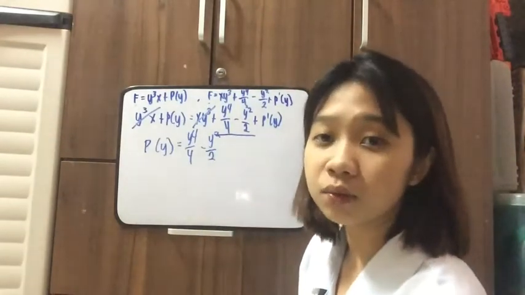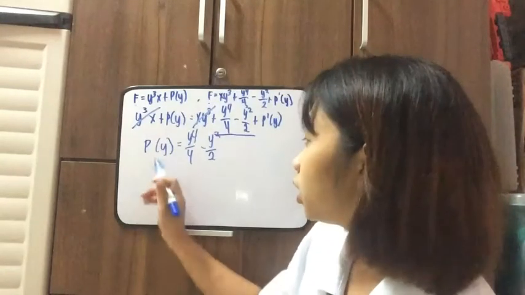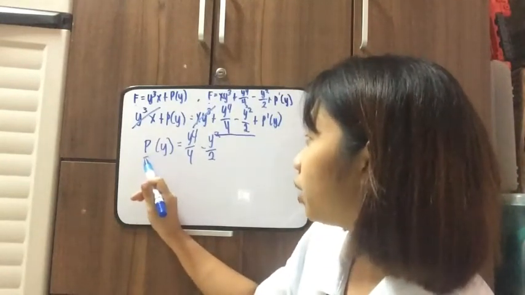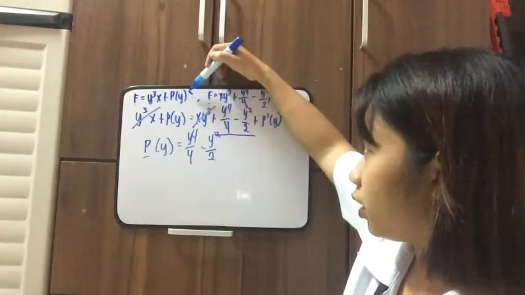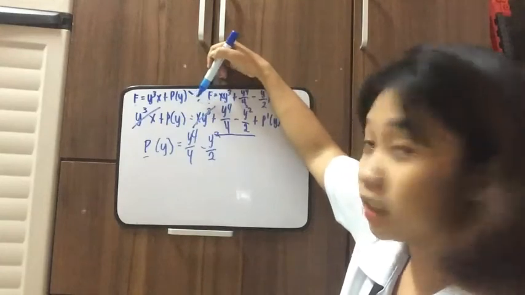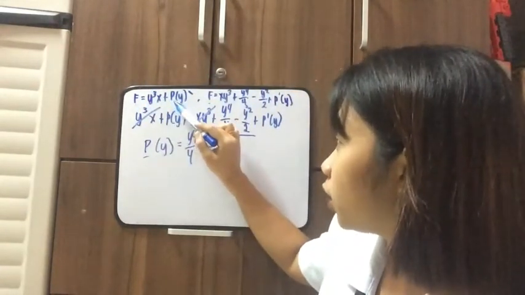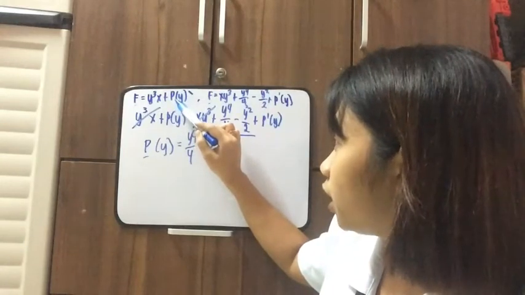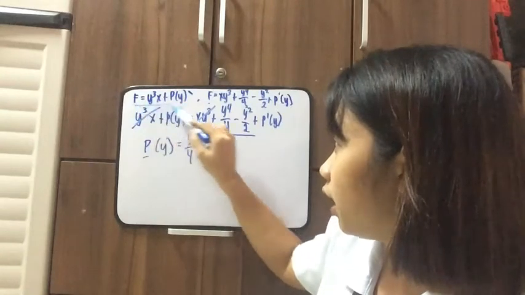So, para maka-arrive tayo sa ating general solution, yung p of y, di ba ang may p of y is etong f na with respect to x. So, we can substitute the value of our p of y to this equation.